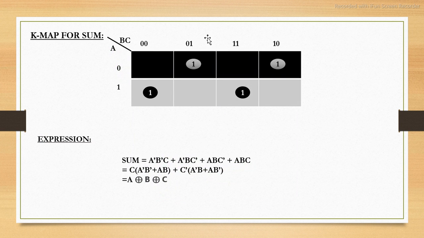That can be implemented in K map for sum and carry. What are the expressions? The expression is A bar B bar C, A bar B C bar, A B bar C bar, A B C. This is the expression, and commonly taking C, C dash, finally we get the expression.